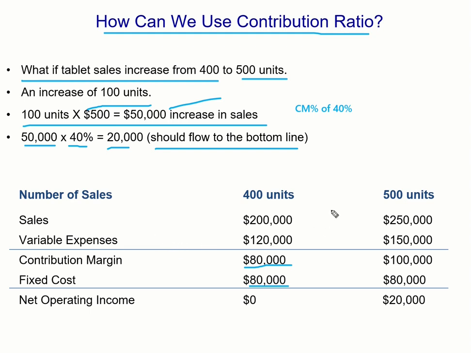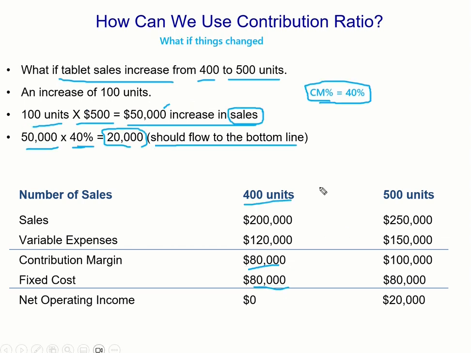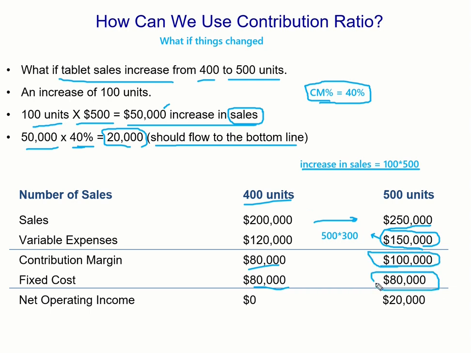Total sales now is $250,000 because we increased tablets by 100; 100 times $500 gives us an additional $50,000 in sales. From the sales, we deduct the variable cost, which is 500 tablets times $300. Sales minus variable expenses gives us a contribution margin of $100,000. Minus the fixed cost of $80,000 gives us a profit of $20,000, which is an increase in profit from 0 to $20,000.